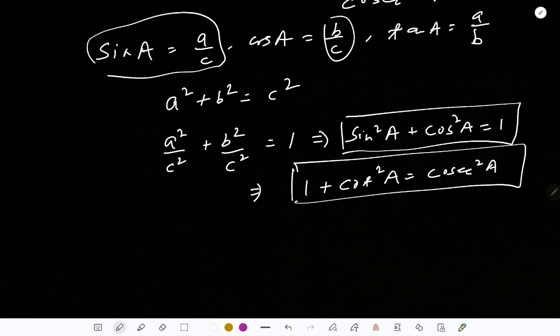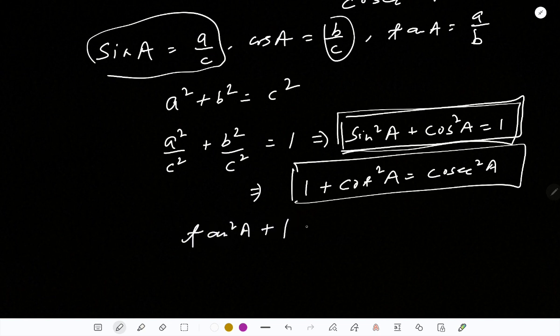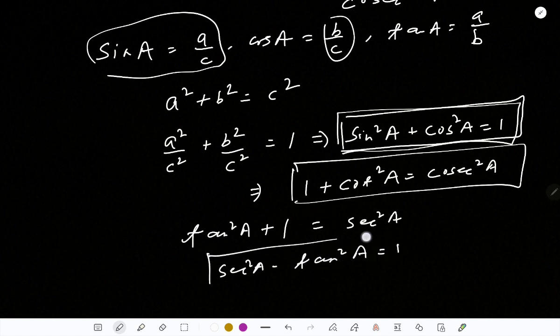You can get another result by simply dividing this equation by cos square A, and if you divide both sides by cos square A, you can write here tan square A plus 1 equals 1 upon cos square A, which is sec square A, and you can also write it as sec square A minus tan square A equal to 1. That is perhaps the popular version of this equation or the formula, you can say.